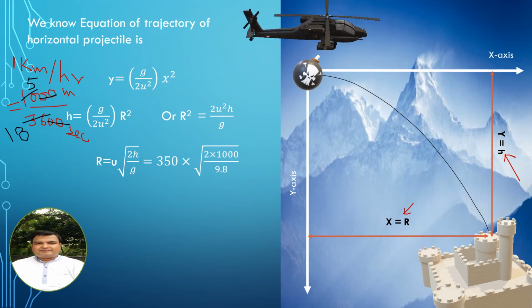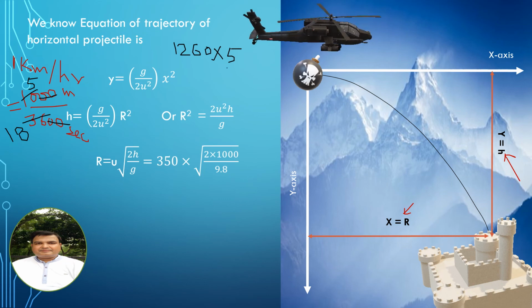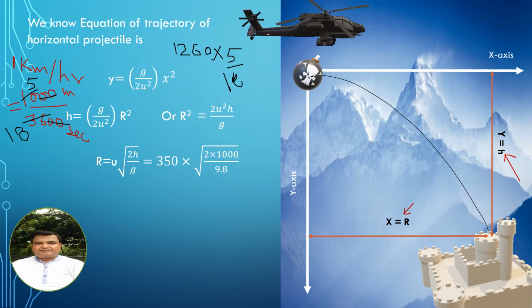Means 1260 multiplied by the conversion factor 5 by 18. What you are getting? 350. Okay, now it's clear how the 350 comes out.